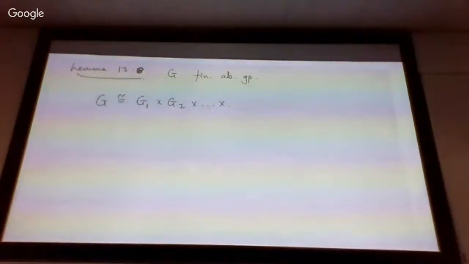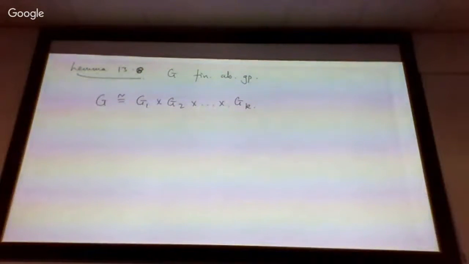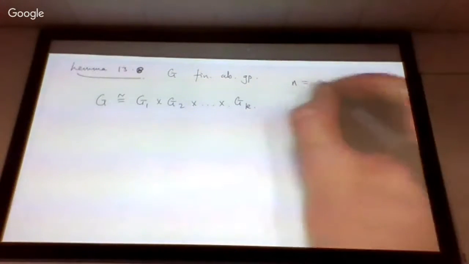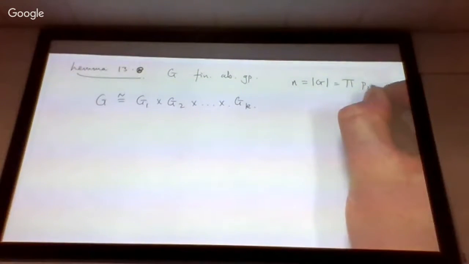Let's just repeat the notation we had yesterday, up to GK. The K is coming from the fact that N, which is equal to the order of G, we think of that prime factorization.